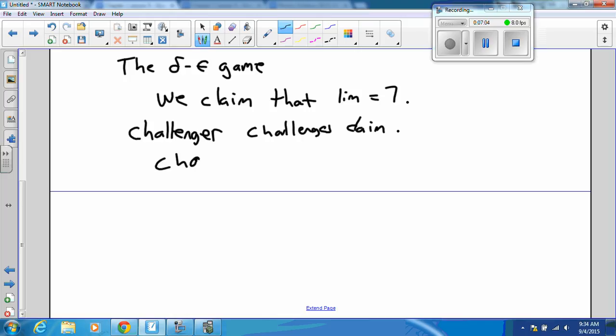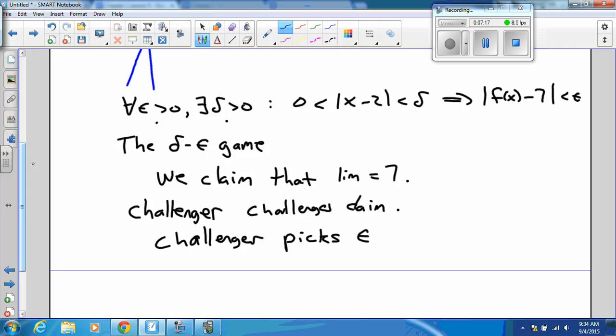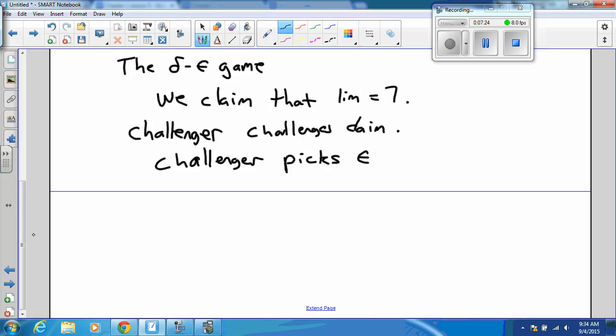Okay, pick an epsilon. Because the challenger is picking an epsilon, he can pick any epsilon. So notice how the game is working out here. The challenger picks any epsilon. And now we are going to find a delta based on that epsilon.